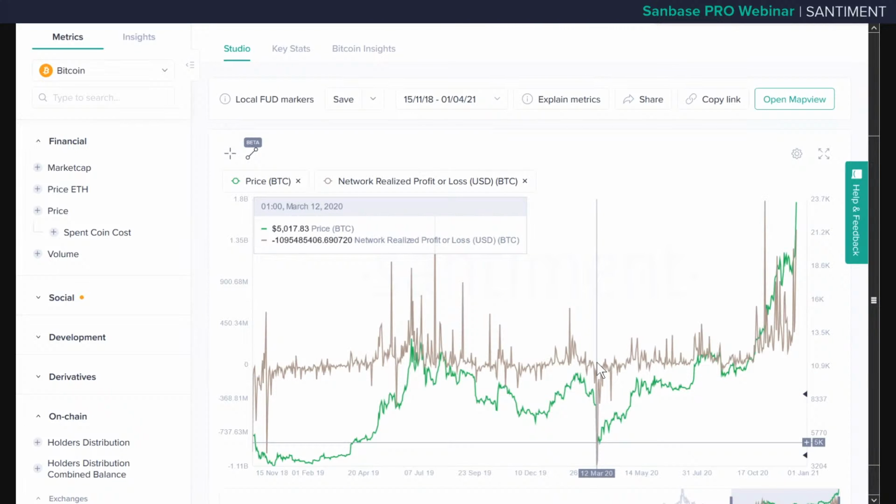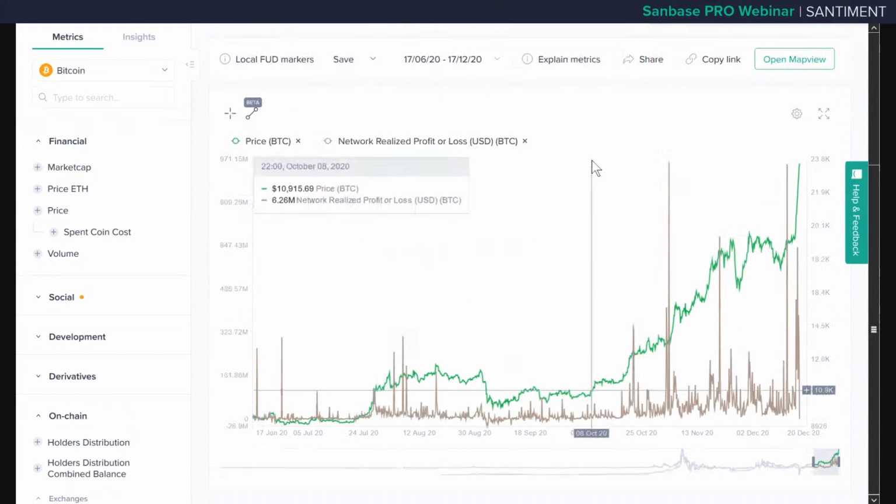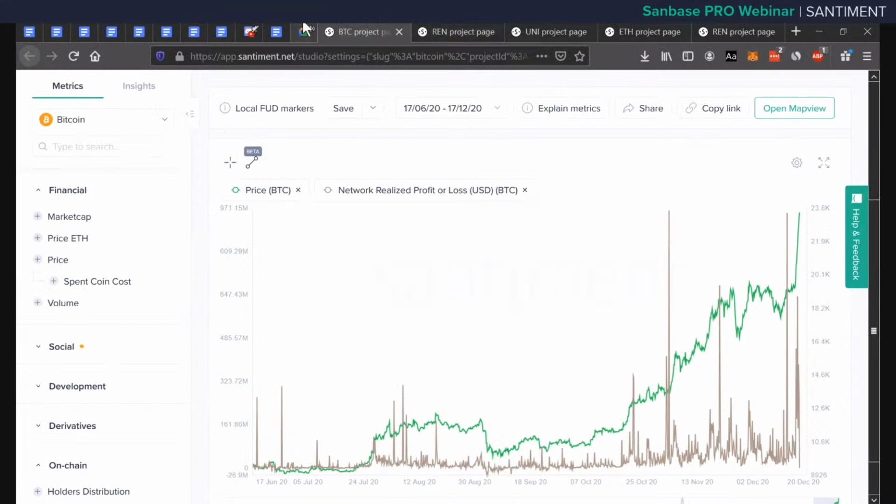Obviously this is the Black Thursday crash, but even beforehand we had a correction for Bitcoin when there was a lack of profit taking. Similarly, we had pretty much the whole second part of August without much profit taking, and eventually we started to correct as well. So this is one way we've seen the price of Bitcoin coinciding and interacting with network profit loss.